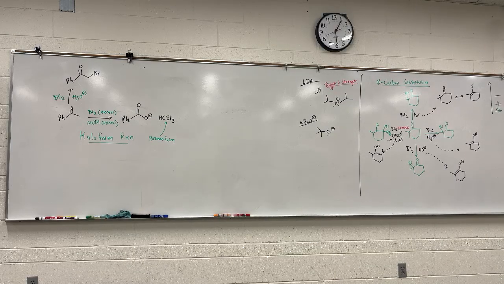I was working with a Gen Chem 1 student today in office hours, working on oxidation states. And I said, why don't you draw the Lewis structure for sulfuric acid, and we'll determine the oxidation state of sulfur.